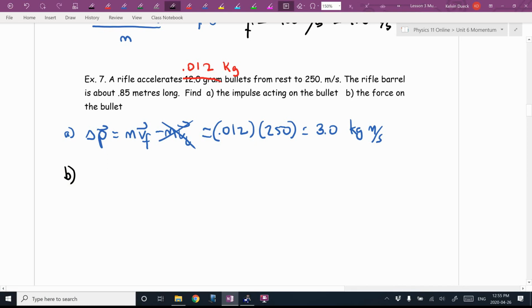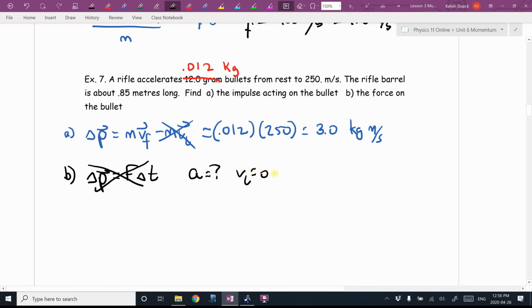I would love to go impulse equals force times the time, but I don't see a time anywhere, so I'll put this back in my back pocket and come back to it maybe. You know what? I think I'm going to have to find the acceleration.